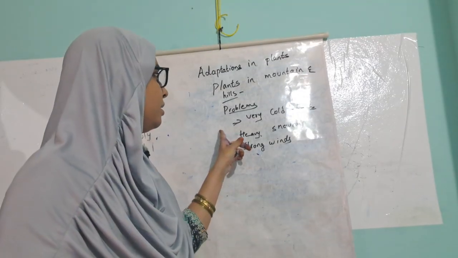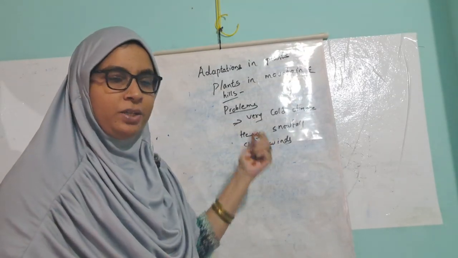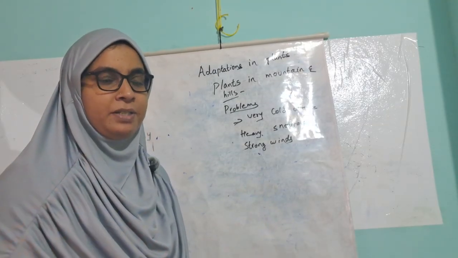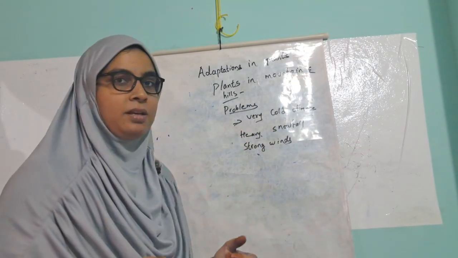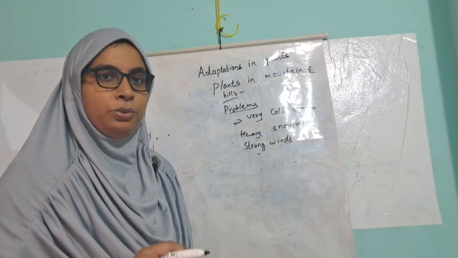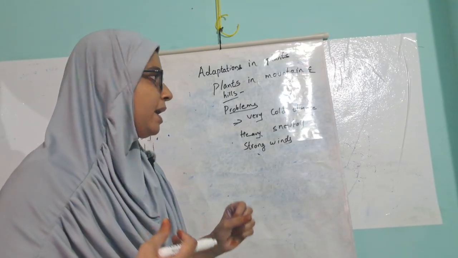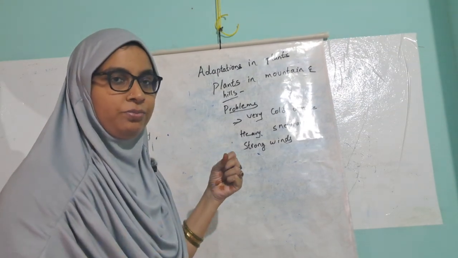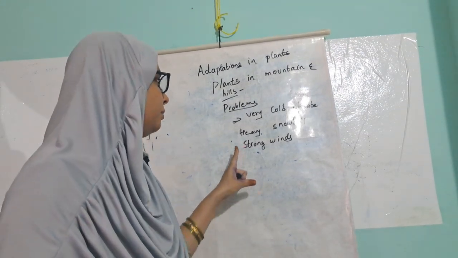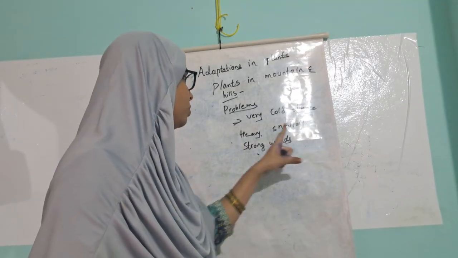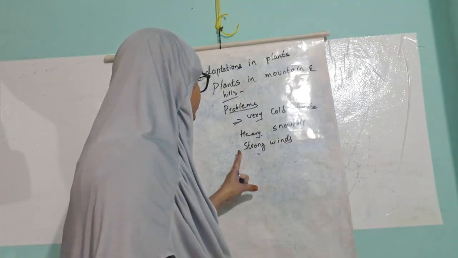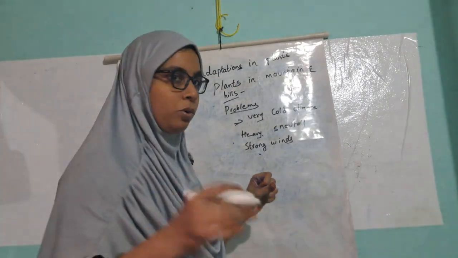In these areas, the climate is very cold. Due to that cold climate, the plants face some problems. They have very heavy snowfall, and they have very strong winds.